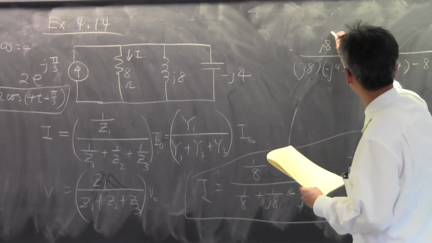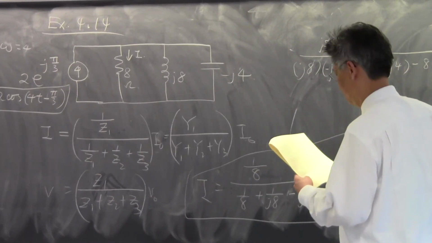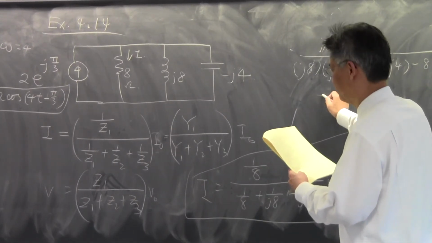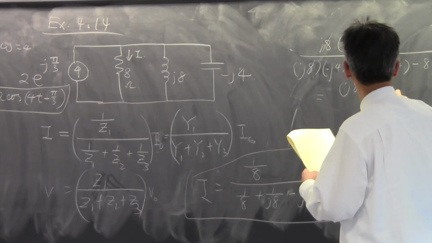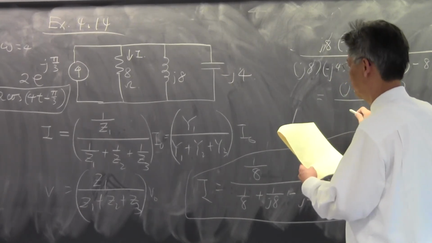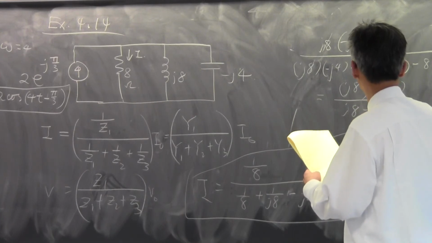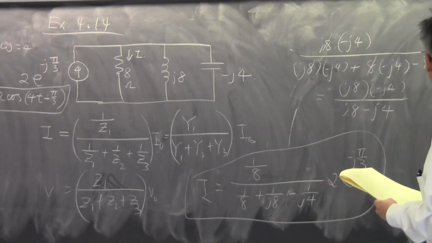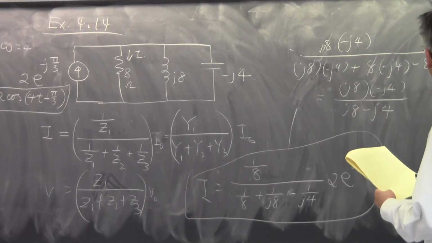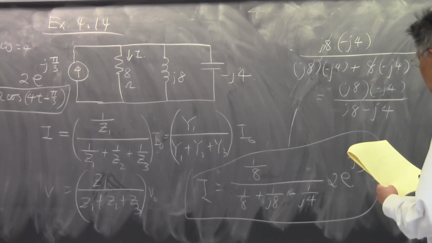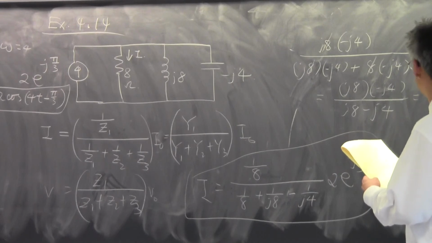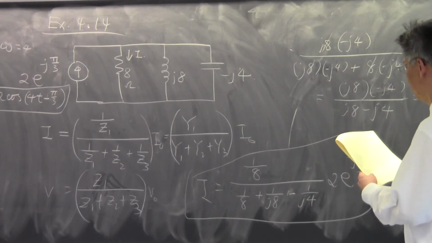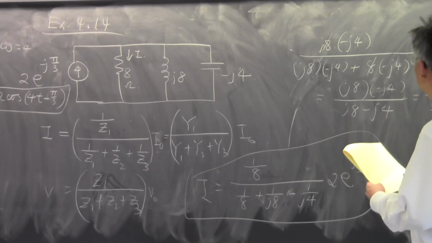The 8 cancels each other, and then it simplifies to j8 minus j4. So it simplifies to something really simple, which is 32 over j4 or something, which is minus j8.